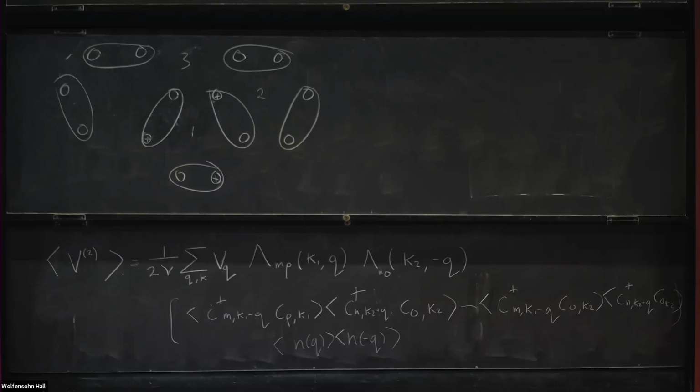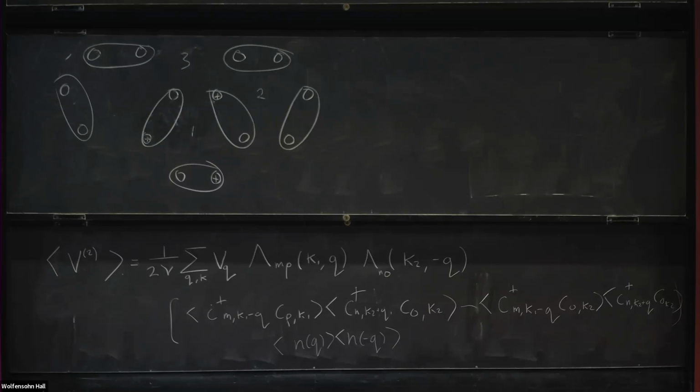So I have C dagger M, K minus Q, Cn, K prime. Maybe I can just write it like this.